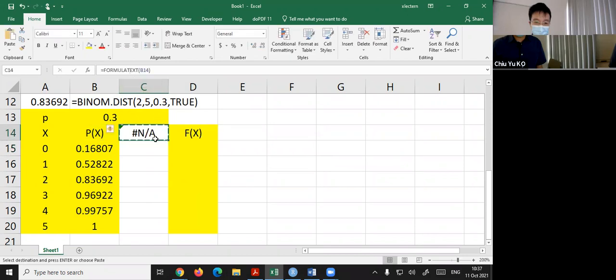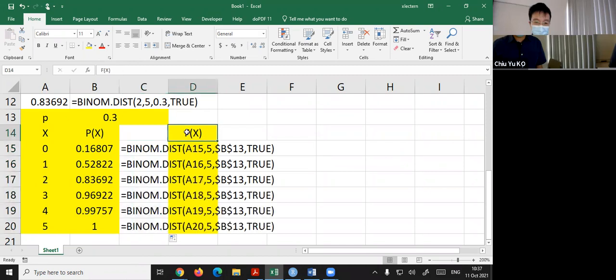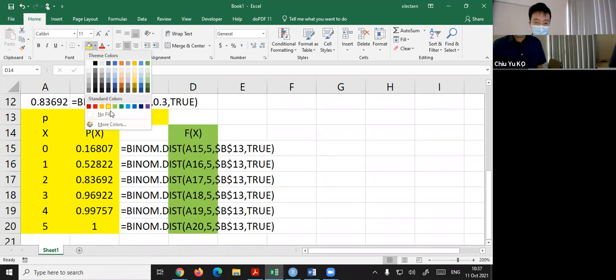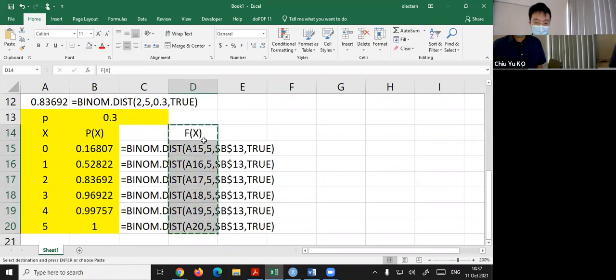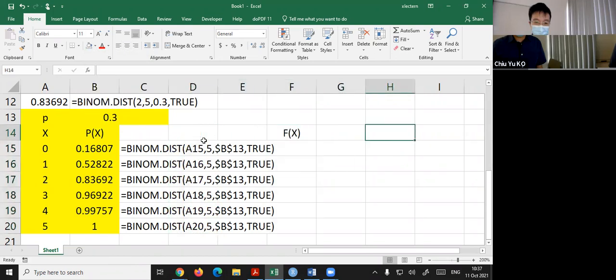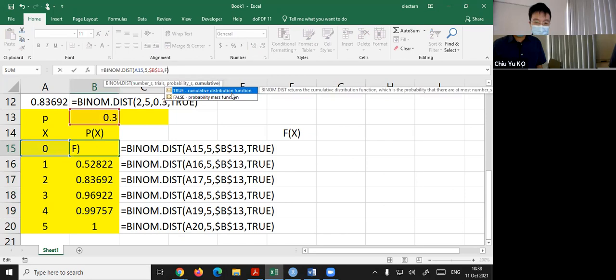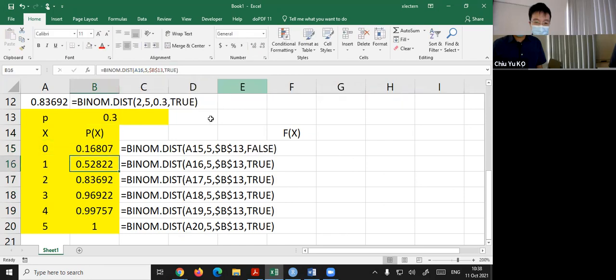Oh, sorry, this is not true, because this is P of x, so it should be false. This is not F.